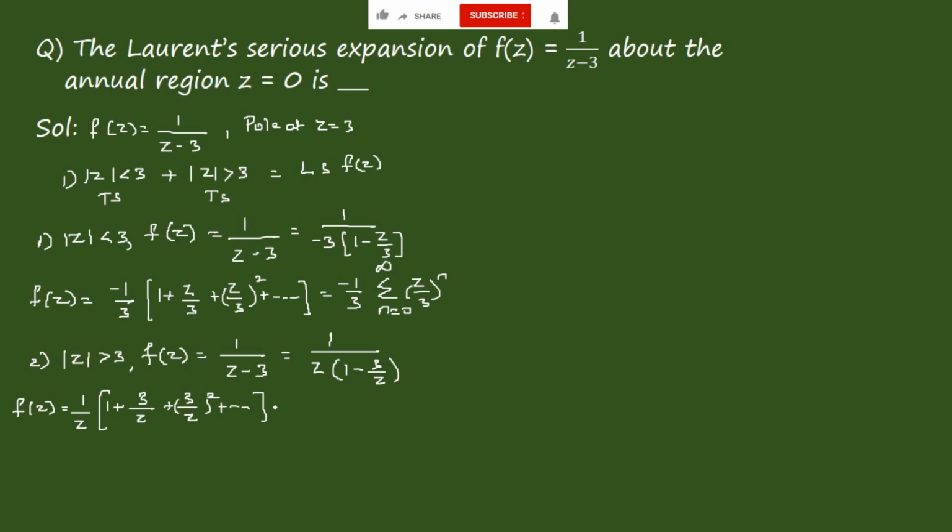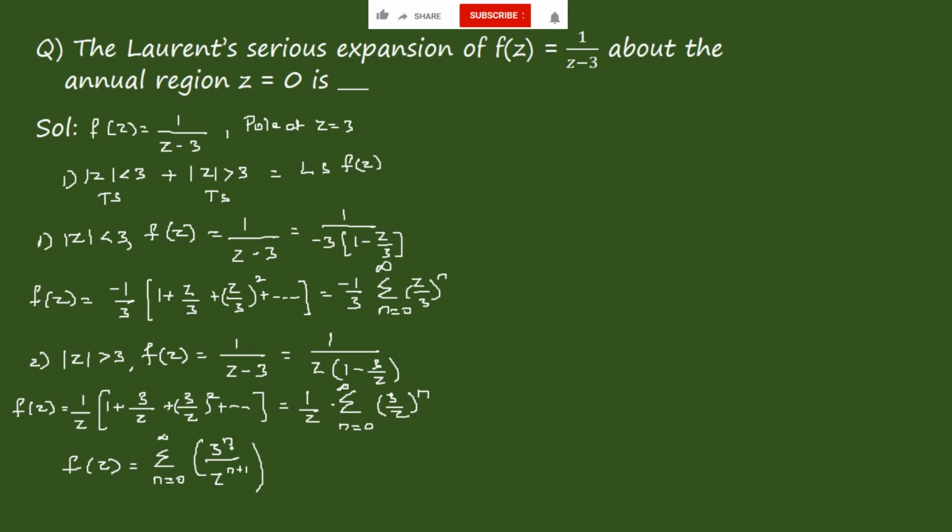When you summate it, it is 1 by z into the summation of n equal to 0 to infinity 3 by z whole power n. If you take z inside the summation, then f of z is equal to the summation of n equal to 0 to infinity 3 power n by z power n plus 1.